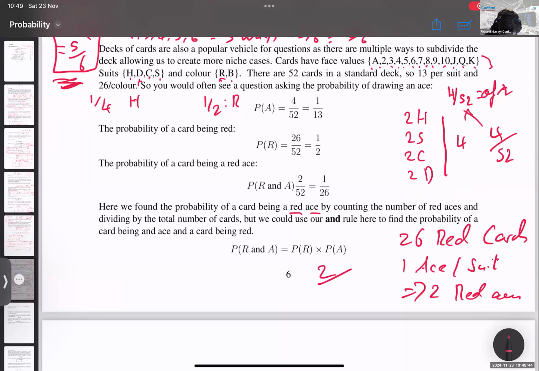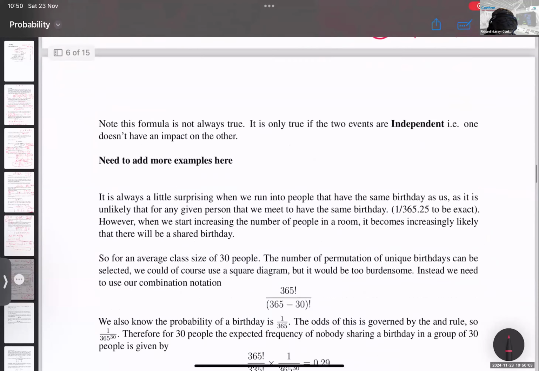So that gives us 2 over 26, which is equal to 1 over 13. We could do it that way, or we can multiply it out, where we know that the probability of a card being red is 1 over 2, and the probability of it being an ace is 1 over 13, and we can multiply everything through as well.